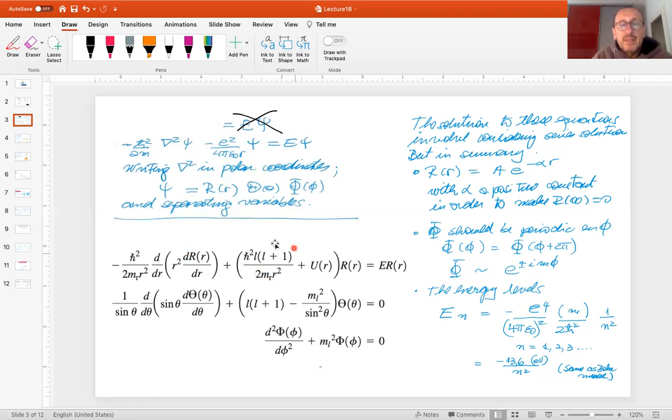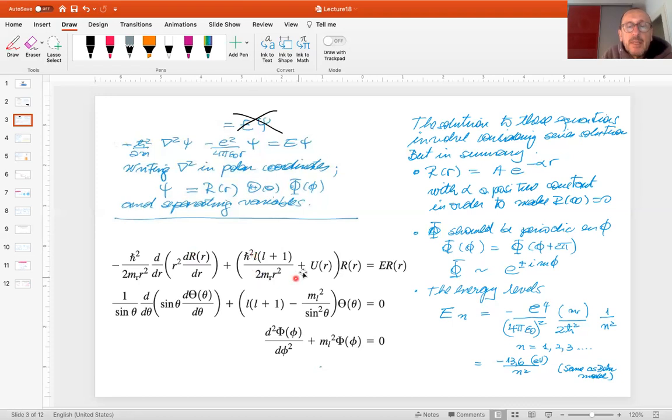I get this solution here that gives numbers L times L plus 1 times 1 over r squared. If one looks at this thing here, this could be interpreted as kinetic energy again, because it's twice the derivative of something that can be oscillatory.